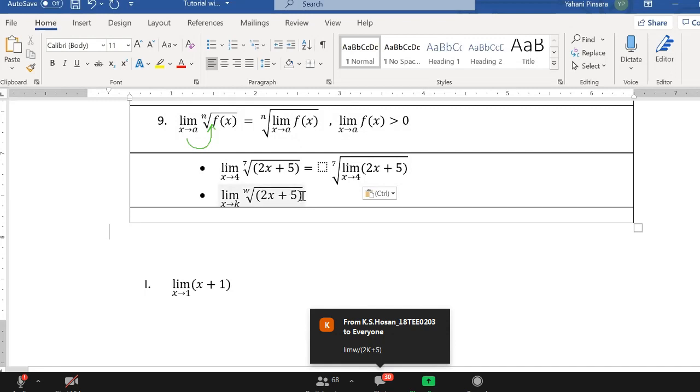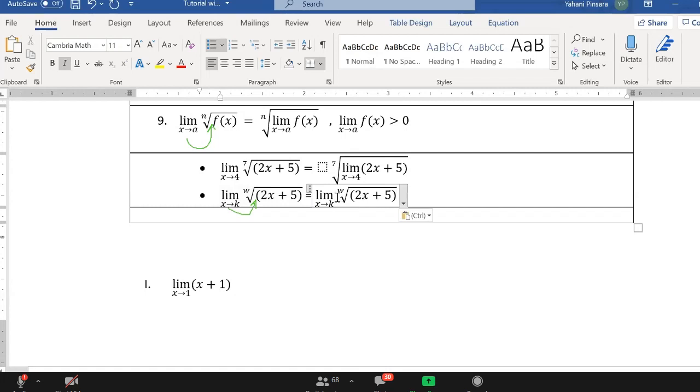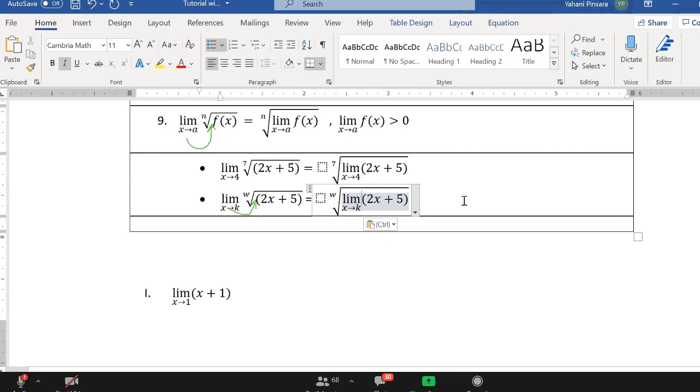So what you have to do, you have to take this limit inside the root. So this is the answer, right?